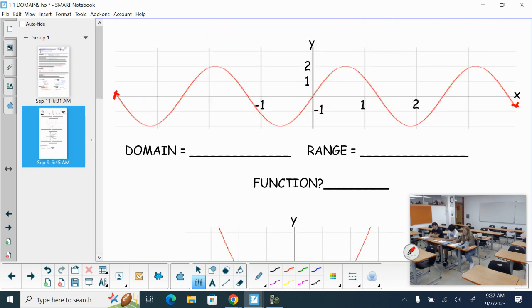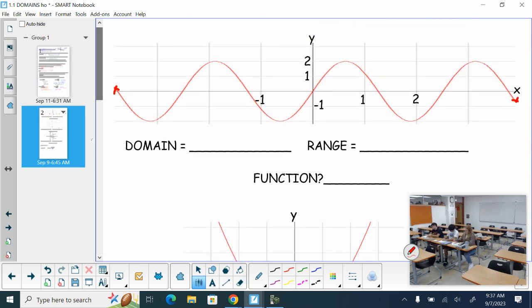Okay, we take a look at our graphs. We look at our domain. Once again, we have a set of ordered pairs here, but it's all embedded within a graph. What would be your domain for this one here?